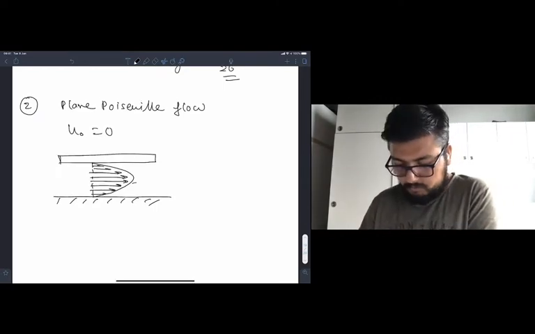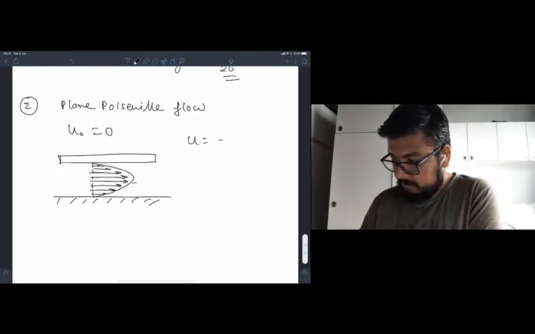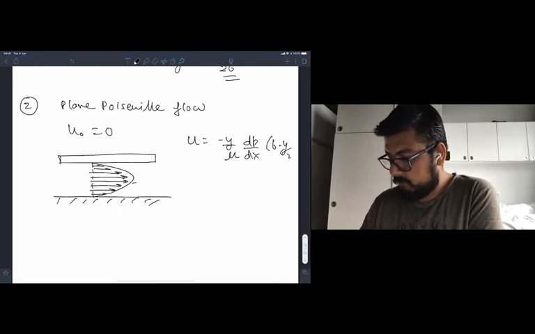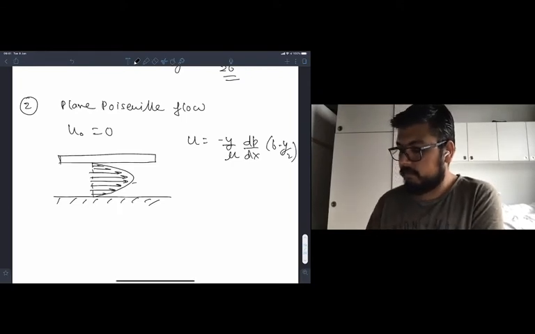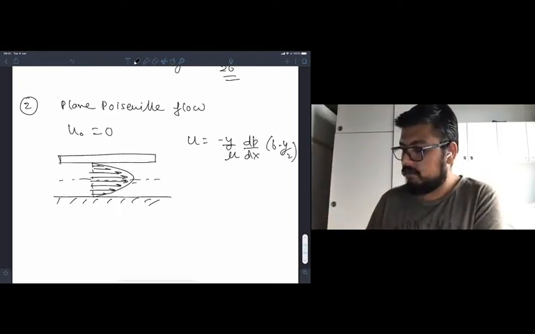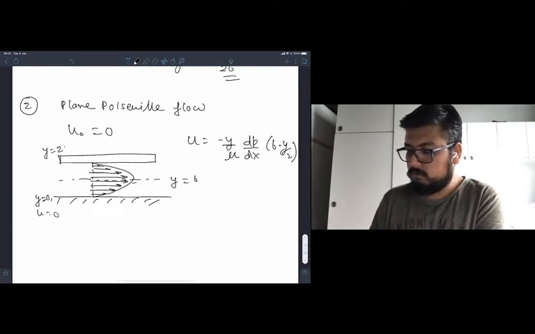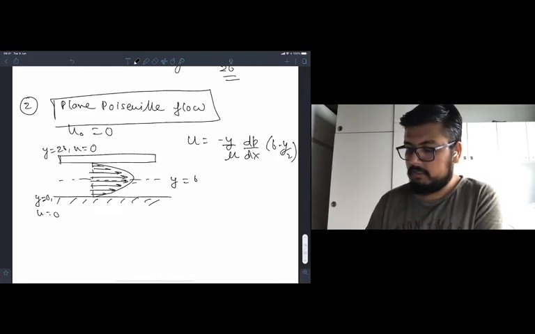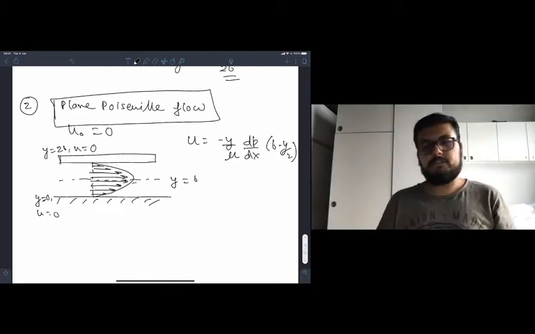If u naught is 0, then I will simply get u is equal to minus y by mu dp by dx times (b minus y by 2). And in this case, we will have a maxima of velocity at y is equal to b. Of course, at y equal to 0, the velocity will be 0, and also at y equal to 2b, the velocity will be 0. This is a special case again, where we have a solution.